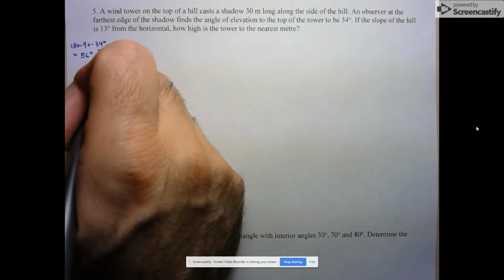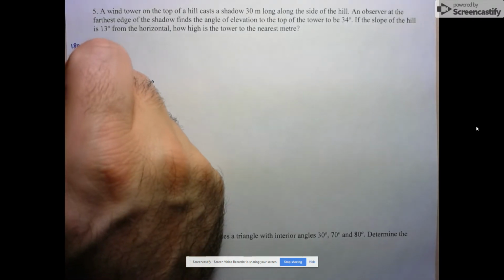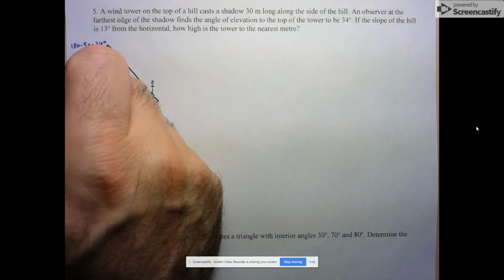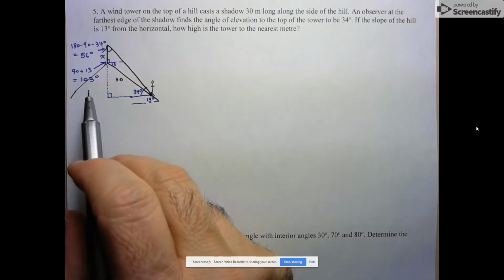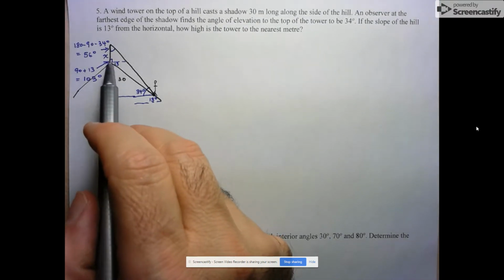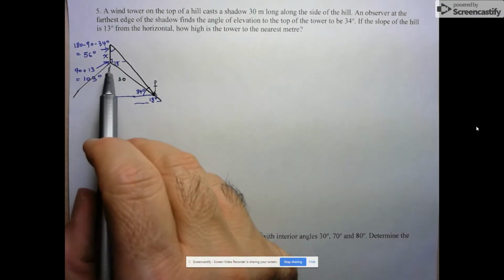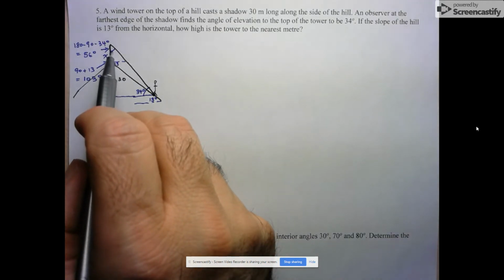So this angle inside the triangle is just going to be 90 plus 13, in other words, 103 degrees. And all of a sudden, I have enough information to solve my problem, because I have two angles and a side length.